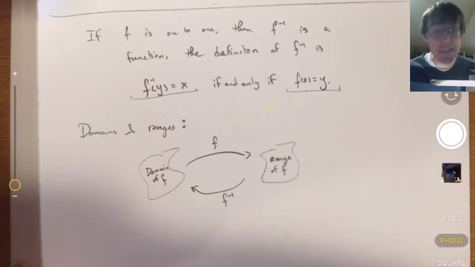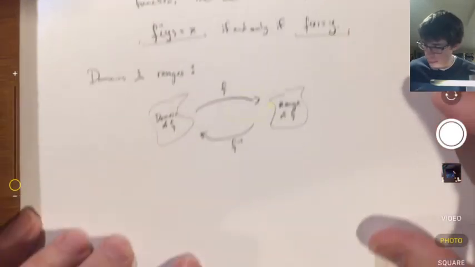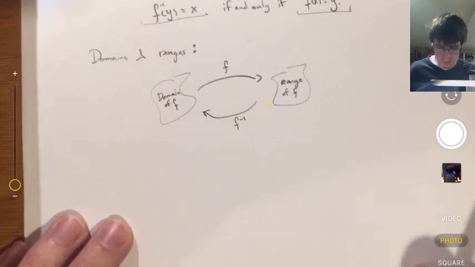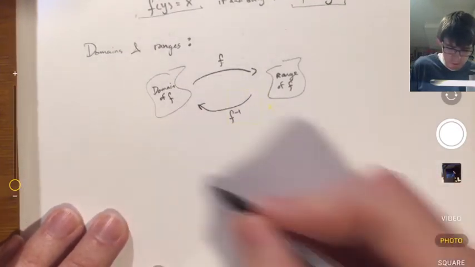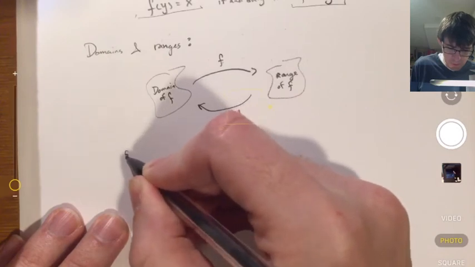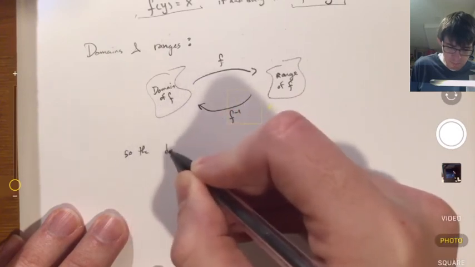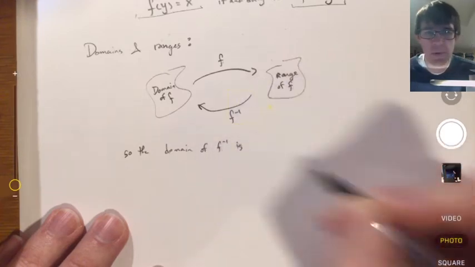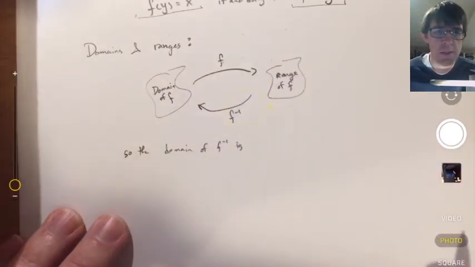And so we can say what the domain of the inverse is and the range of the inverse. I don't know if this is confusing. It's not so confusing. So the domain of f inverse is, anyone want to complete the sentence based on what you already see on the paper there?